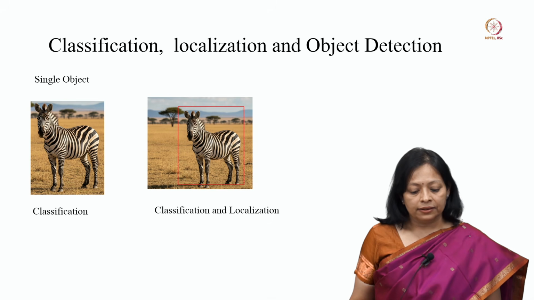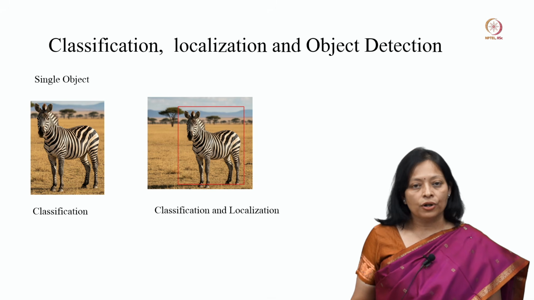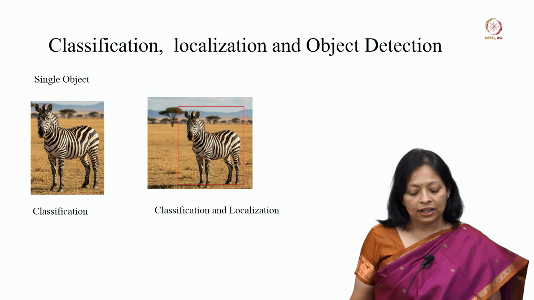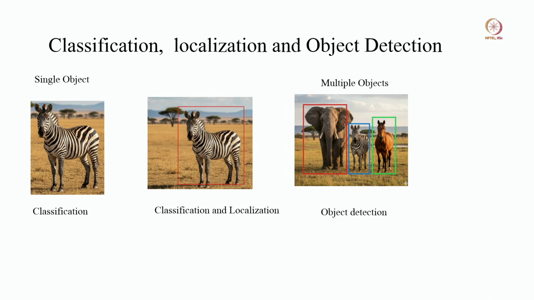In this figure, we see there is a bounding box around the zebra. This task is called classification and localization, which means that we are localizing the place of the animal in the entire picture. Then we have another case where we have multiple objects.